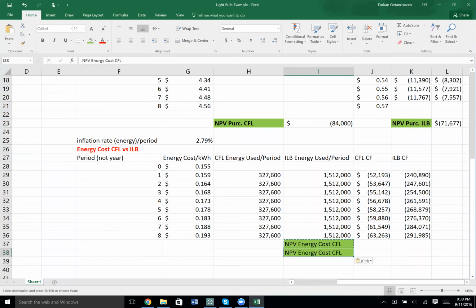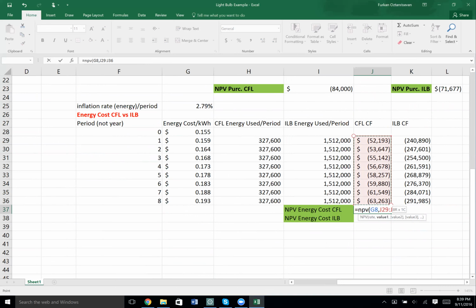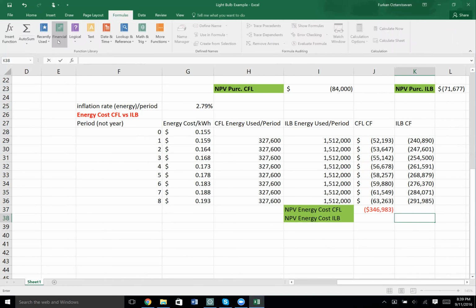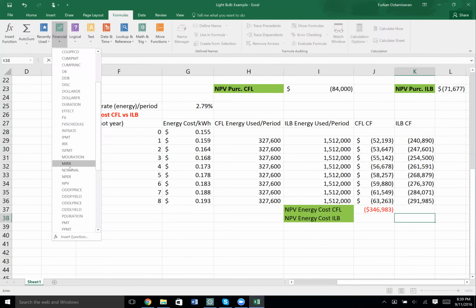Now I can choose all my cash flows starting from the end of the first year, which is period one, and all the way down, right? 8 periods, so I just close and calculate it, which is more than $346,000, almost $347,000. And let's do the same calculations for ILB, but this time let's use formulas, financial and NPV.